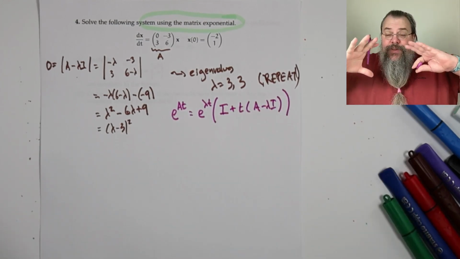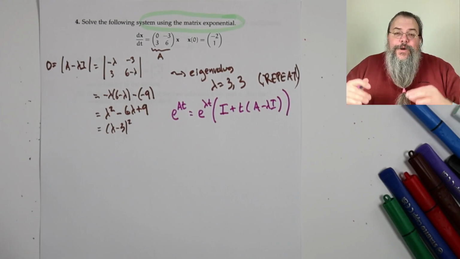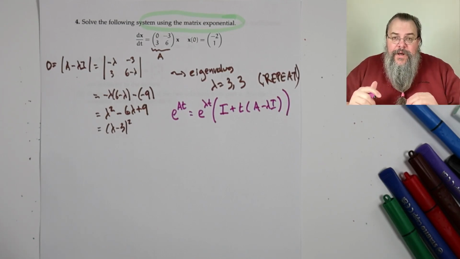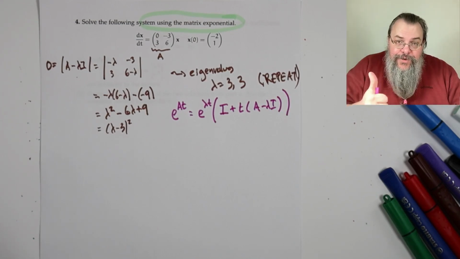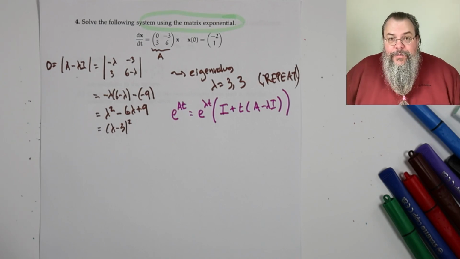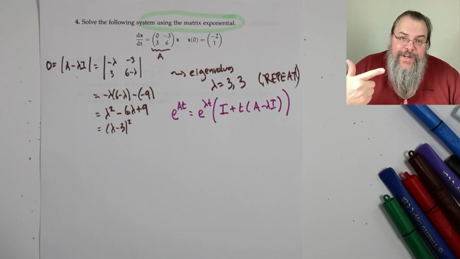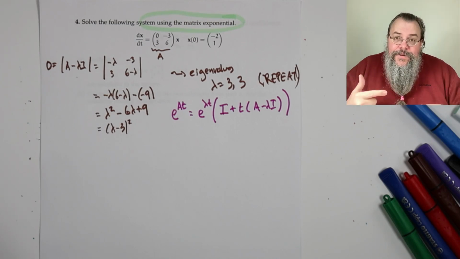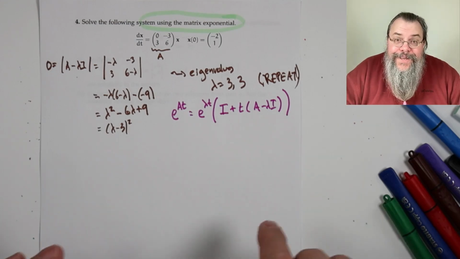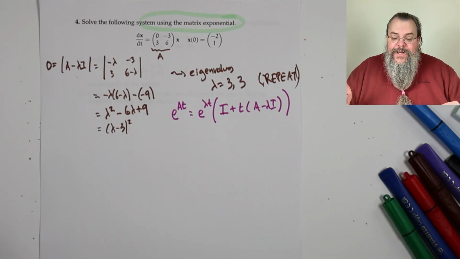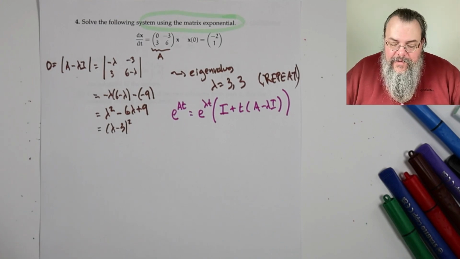Now, this is a very special case. To be clear, this only applies when you have a 2 by 2, but good news, that's what we're working with, and repeated eigenvalues. If you don't have those two things, this formula doesn't apply. But we do have those two things, and so the formula applies.